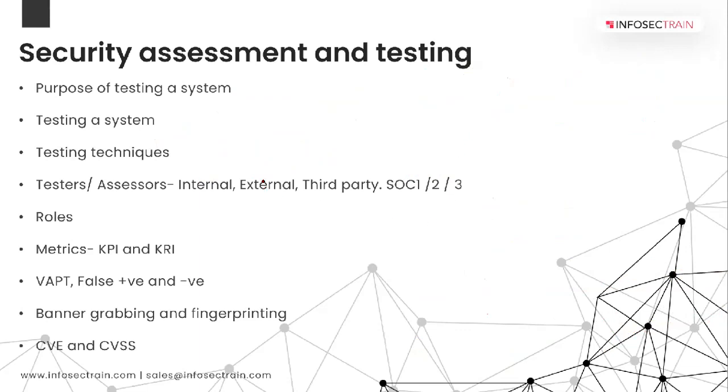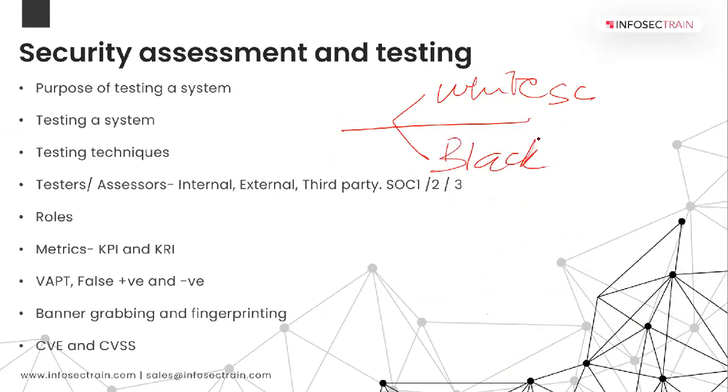Now, during these testings, one can be given full unfettered access to the source code, and that will be your white box. Or one cannot be given access to the source code, that will be your black box.